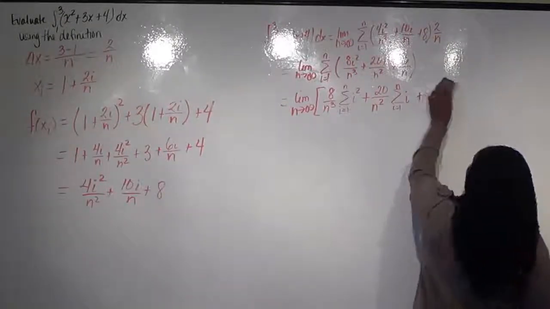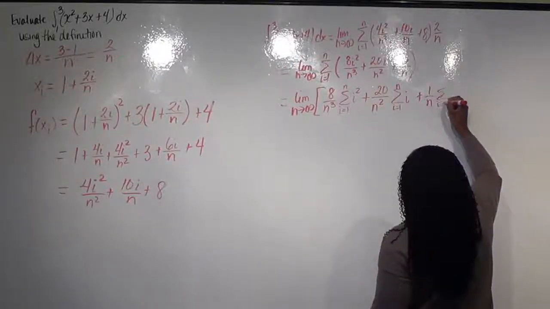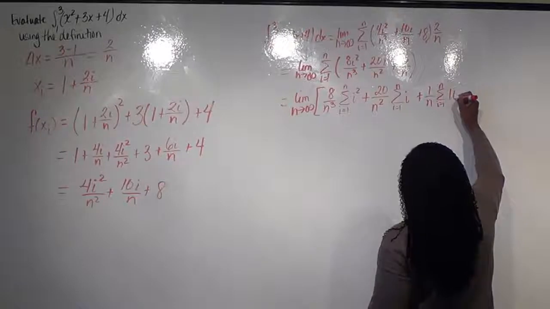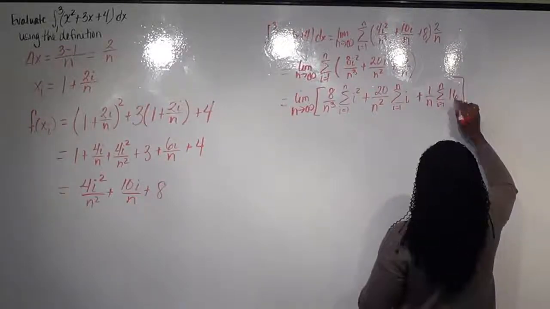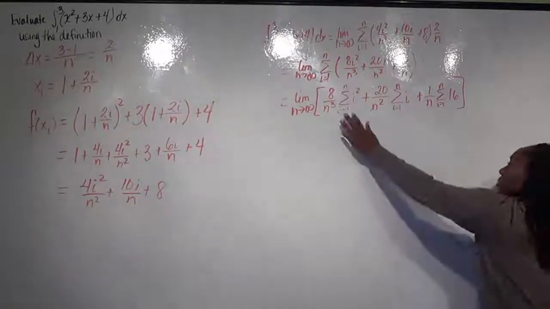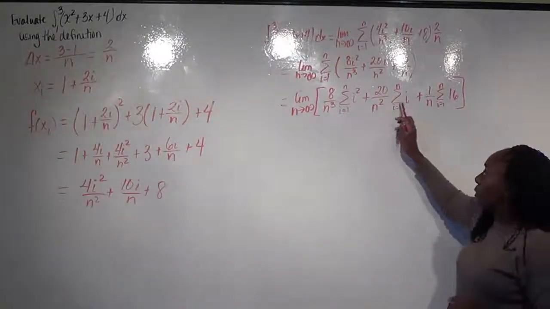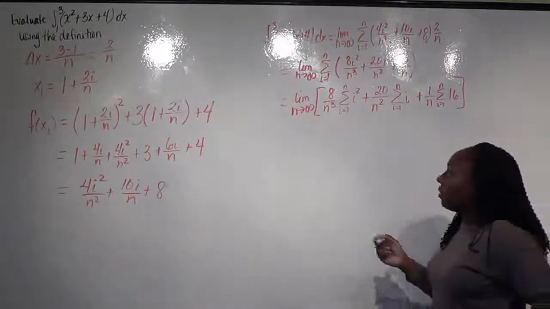That's backwards. 1 over n times our summation for 16. So there's our constant. Again, for these three summations, we can now use our formula. So we have the i squared formula, the i, and the constant formula.